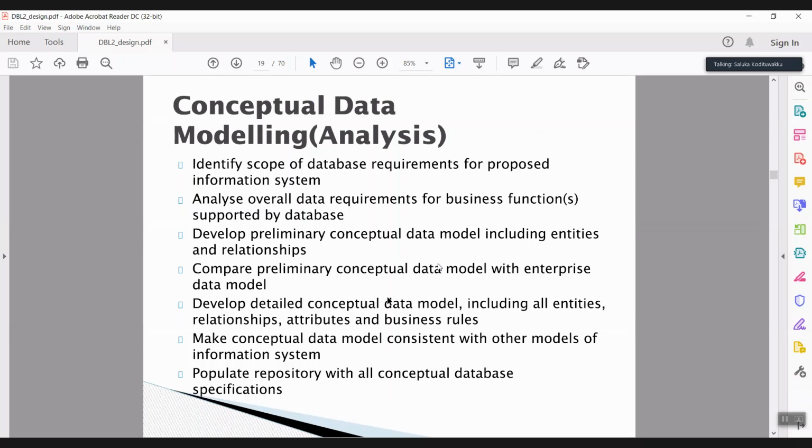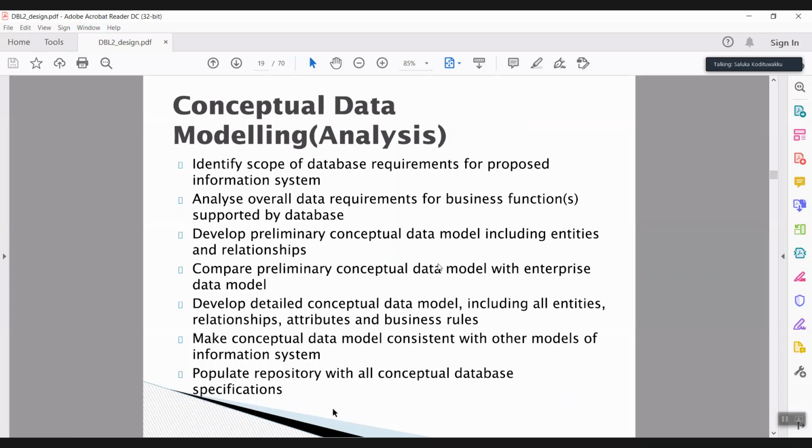Then we develop the conceptual data model, where we design the diagram, including the entities, attributes, relations, and so on. Then we develop the detailed one, fine-tuning it by including everything required for facilitating the enterprise applications.